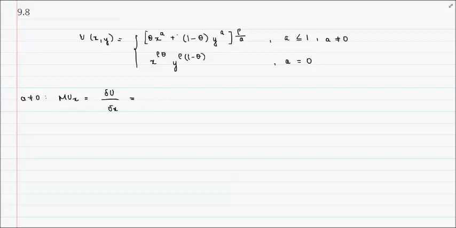If I differentiate the first expression with respect to x, the first thing you can see is we have to apply the chain rule, because we have a function inside a function. So when a is different from 0, the utility is theta x to the power a plus 1 minus theta y to the power a, and everything to the power rho on a.